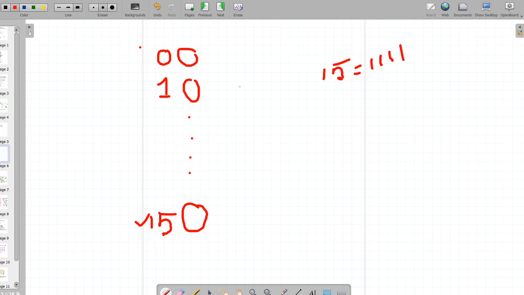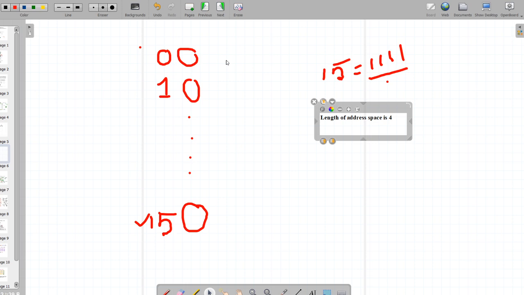So for this example, the length of address space is 4. In other words, each and every address in this multiprocessor architecture must be represented by a 4-digit binary number, whether it is 0, 1, 8, or 15.